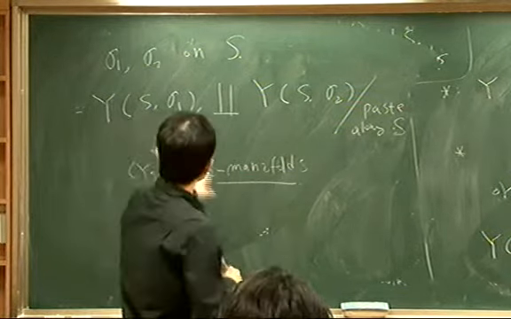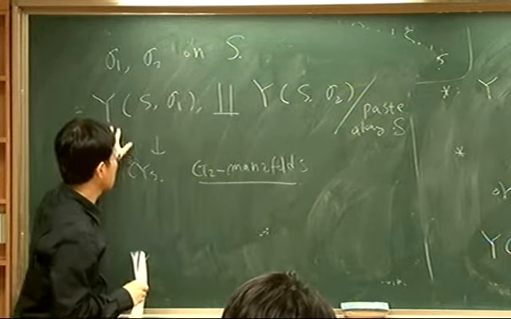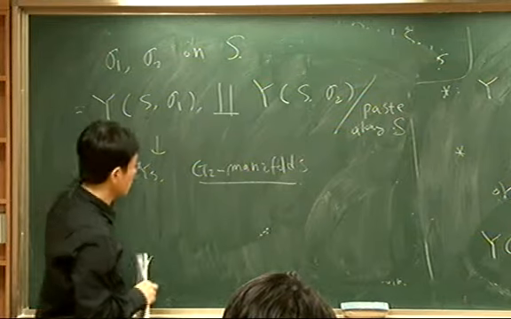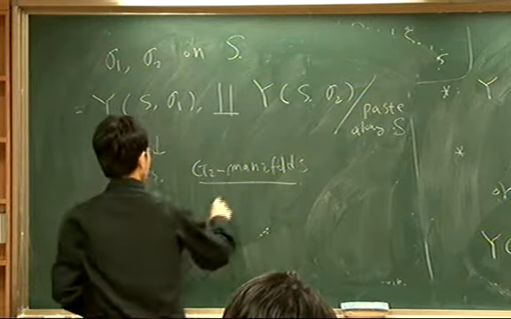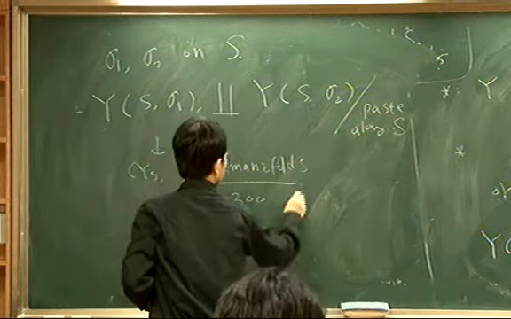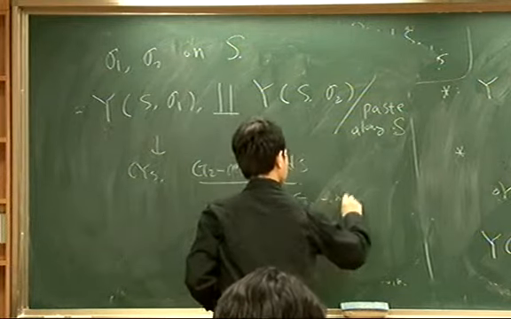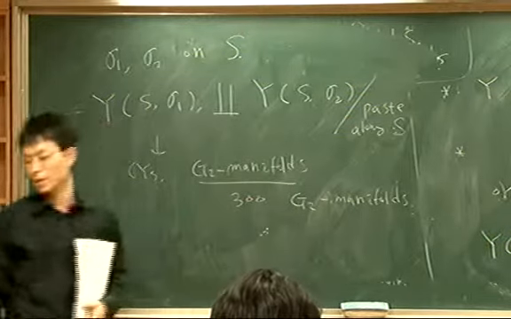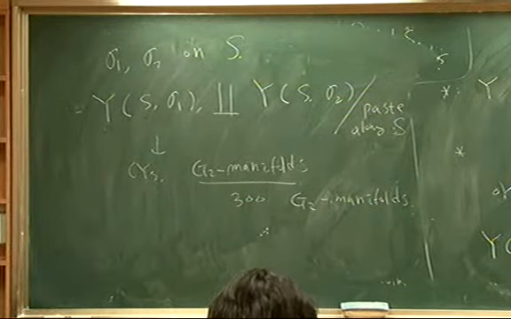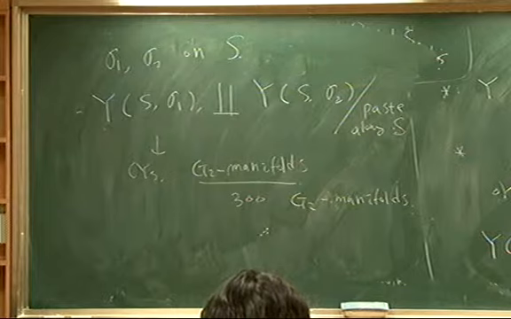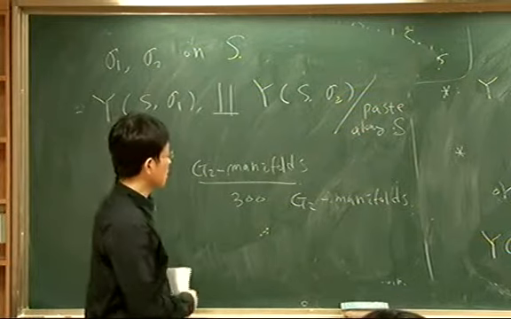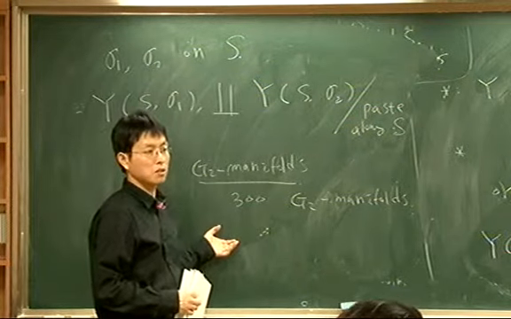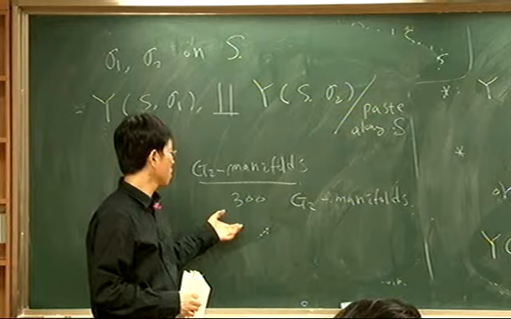With these Y's, together with Kovalev, we constructed more than 300 examples of G2 manifolds. In the case of G2 manifolds, there is a relatively small number of examples, which were constructed by Dominic Joyce, around 200. And then we added 300 more.